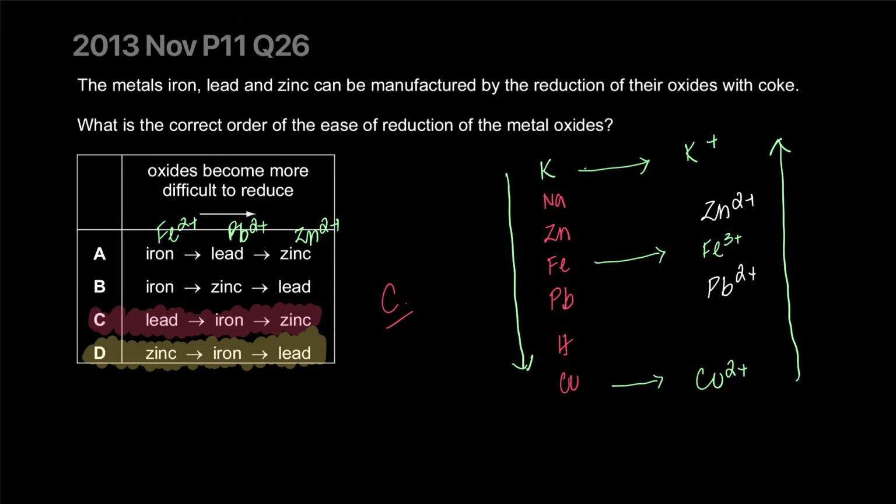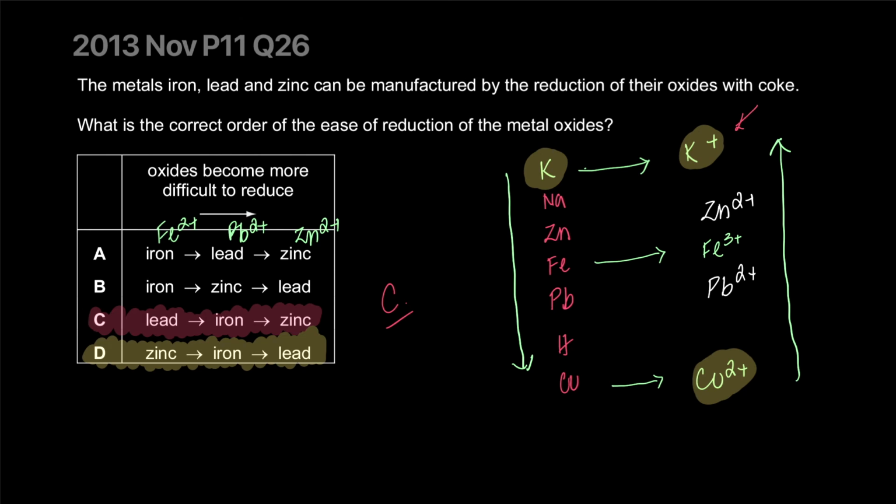So essentially, the idea is to understand that the ion's reactivity is the opposite. Potassium metal is the most reactive metal, but somewhere down here is the most reactive ion. The potassium ion over here is the most stable ion, you can argue, right?